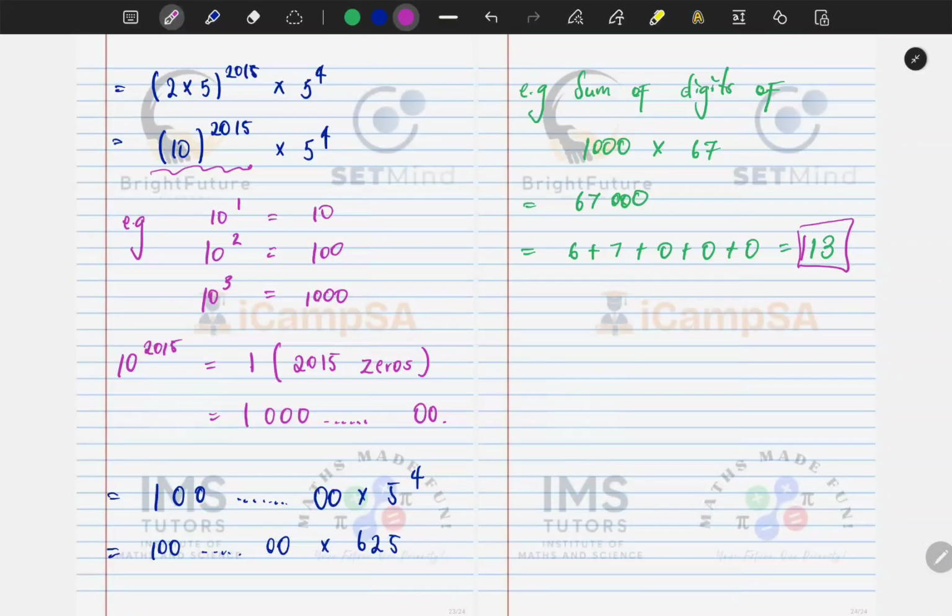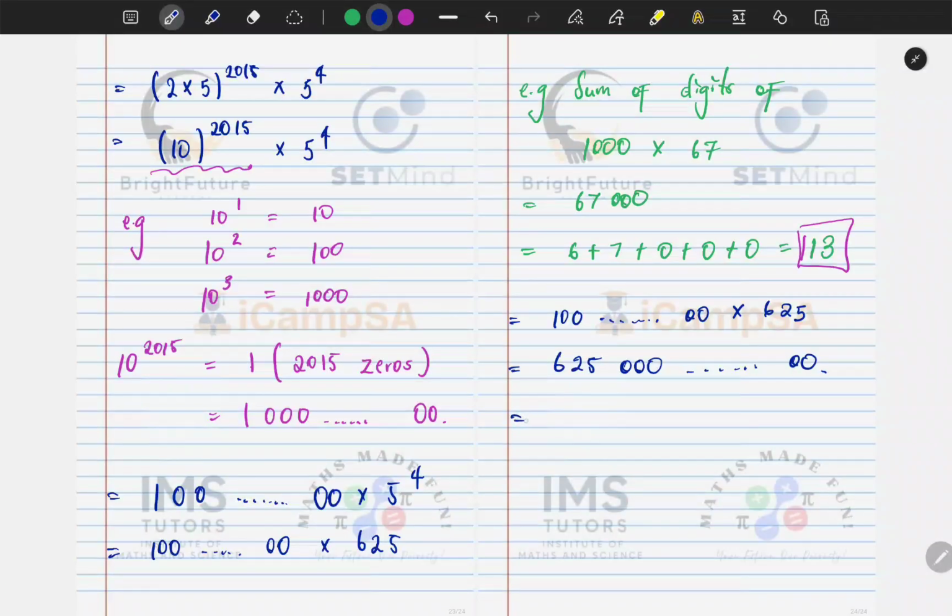So we are going to do the same thing with this one. Coming back to our problem, it's going to be 625 followed by zeros until the last one.